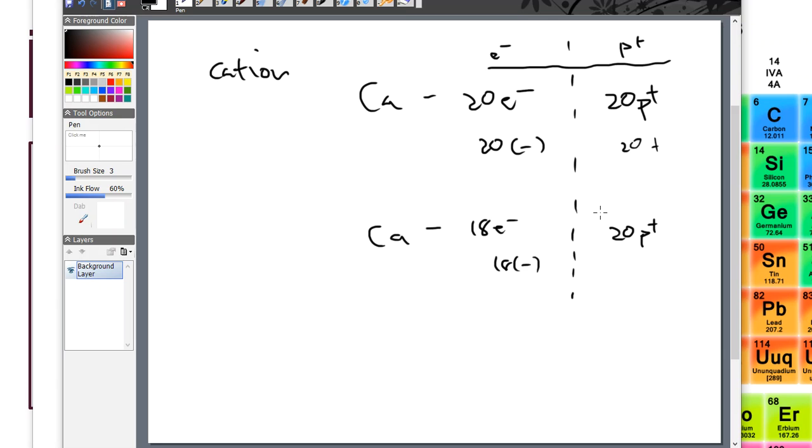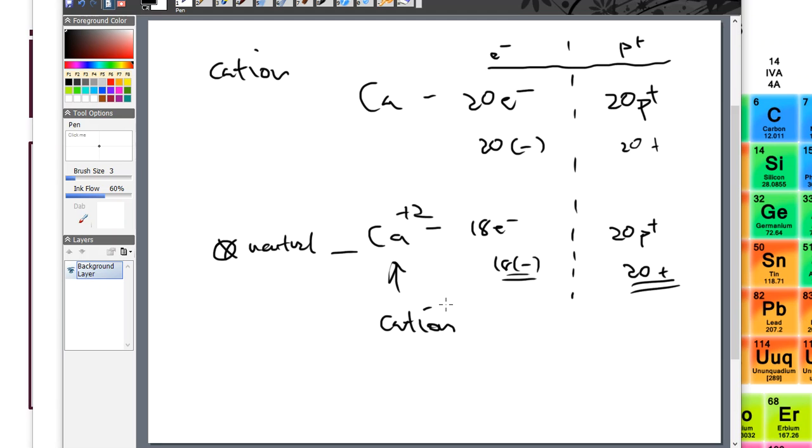So what this means is that there's 20 positive charges that are still present. And now look at these 2 charges. This is no longer neutral anymore. It's not neutral. What I have is 2 more positives than I do negatives. And because of that, we write this as calcium plus 2. And this, ladies and gentlemen, is called a cation.